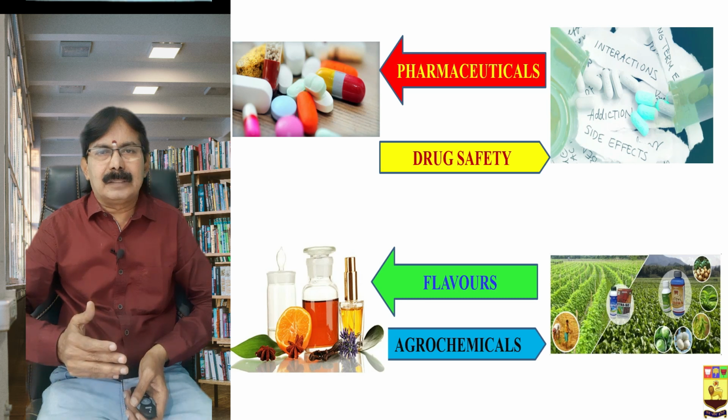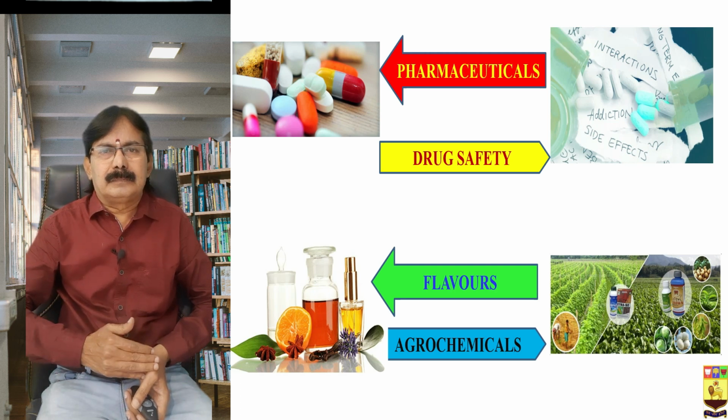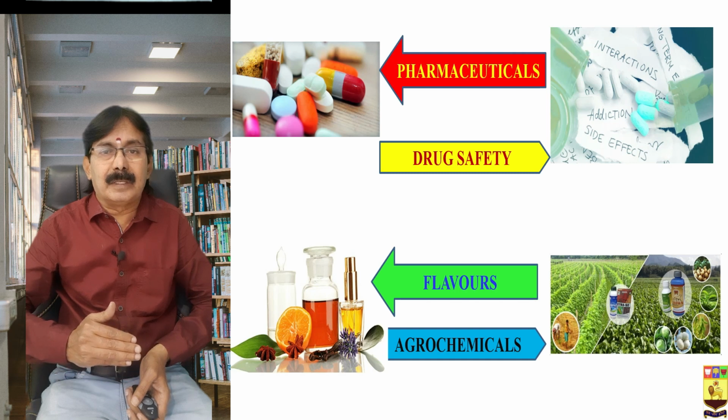Pharmaceuticals and drug safety are essential for the survival of humans. Without drugs, that is, medicine, in this world, nobody can easily survive. The drug plays a very important role.